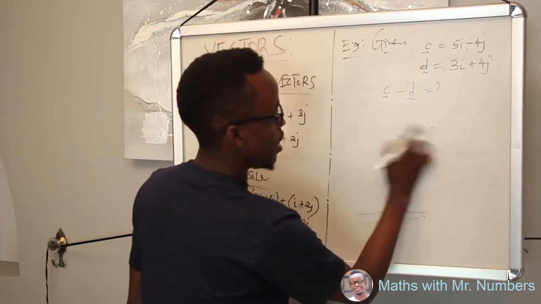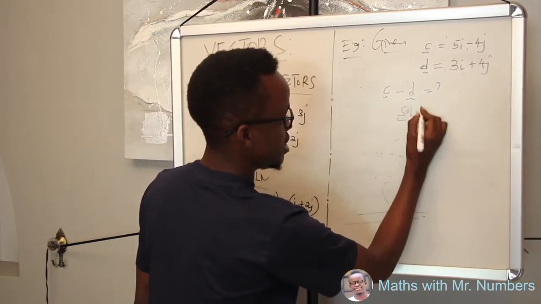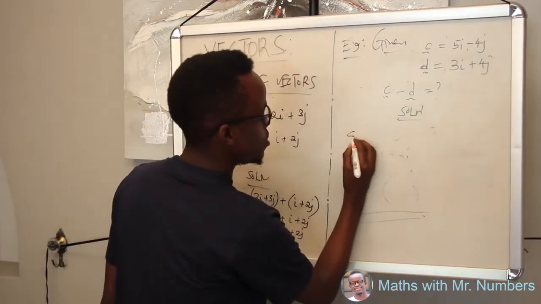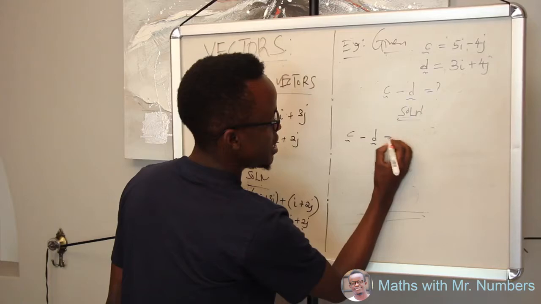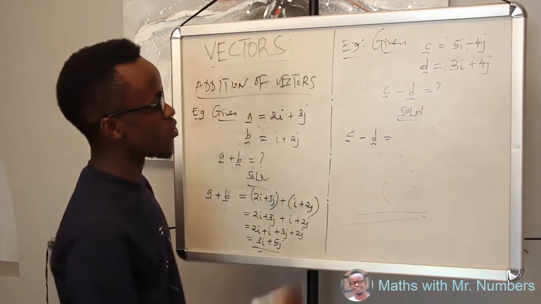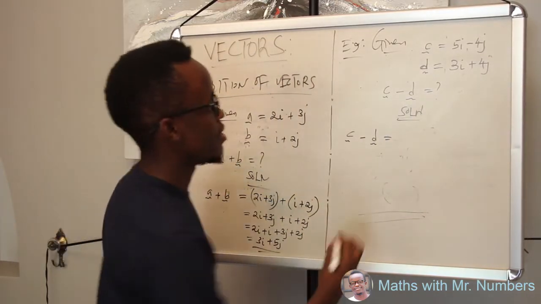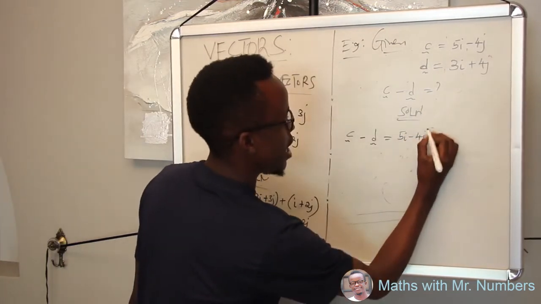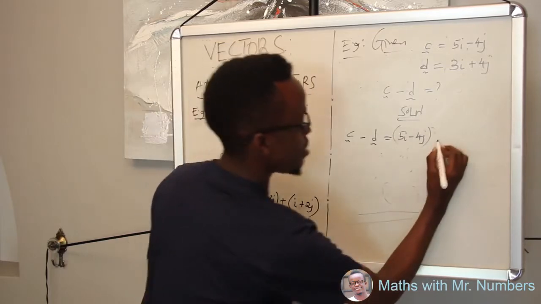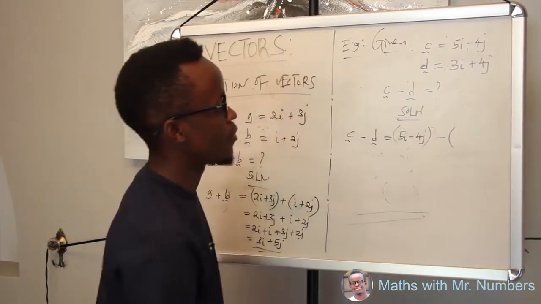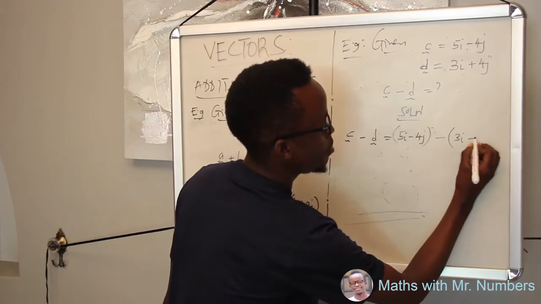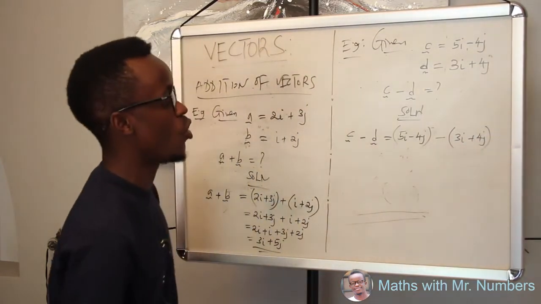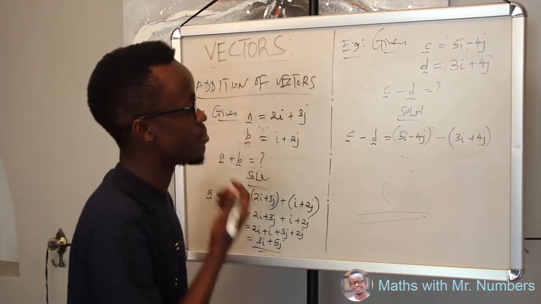Therefore, to get the value of vector C minus vector D, we are going to substitute the values of vector C and vector D with brackets. We put 5i minus 4j in brackets, then we subtract brackets, 3i plus 4j. After that, we open the bracket by the number outside the brackets.